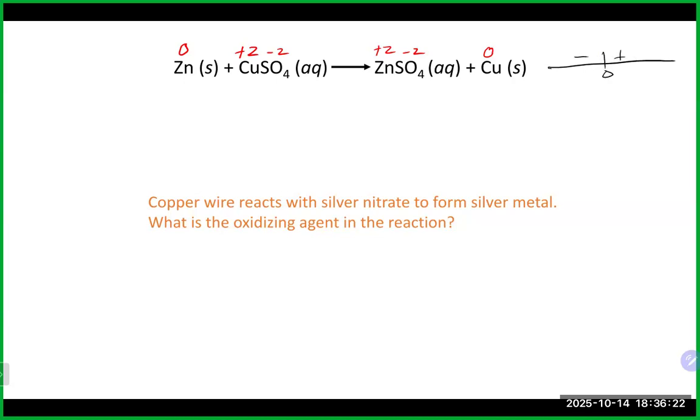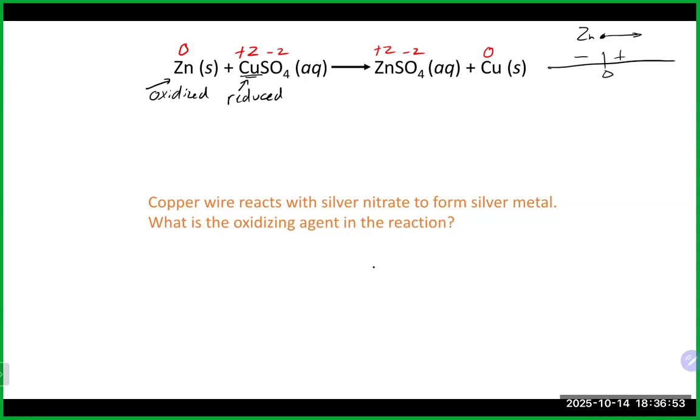If we take a look at the zinc on the left, it's starting at 0. And on the right-hand side, it is ending at +2, which means in this particular case, the zinc is actually being oxidized. It's becoming more positive. So this guy here is being oxidized. But remember, as we talked about last time, if you're able to figure that out, by default, the copper here will be reduced.